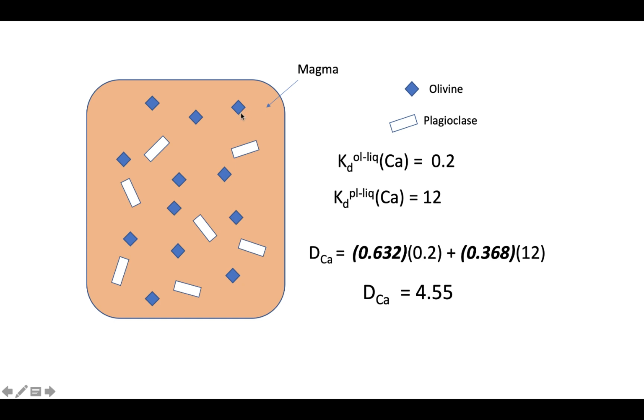Of those solid phases, the olivine will absorb almost none of the calcium. Most of it will go into the plagioclase feldspar. And when we have another lecture, we'll look at how we can do these calculations to model the evolution of a liquid depending on the values of these bulk distribution coefficients D.